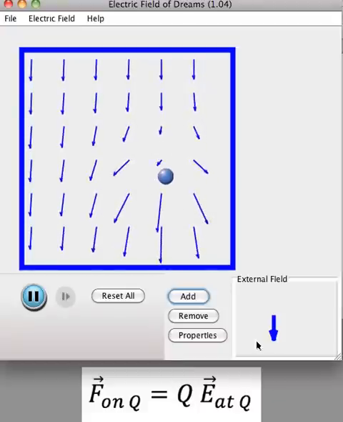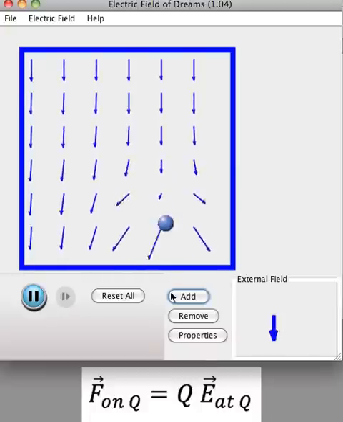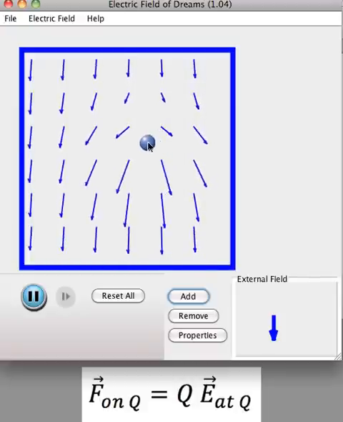The picture shows not just the external field. The external field is the field due to other charges, the field that the positively charged particle feels. But the picture here doesn't just show the external field, it shows the whole field. The particle has its own field that points away from it, and so that adds to the external field that points down as the particle moves around.